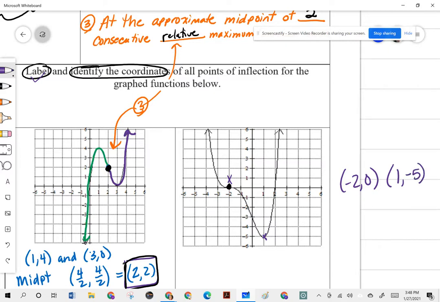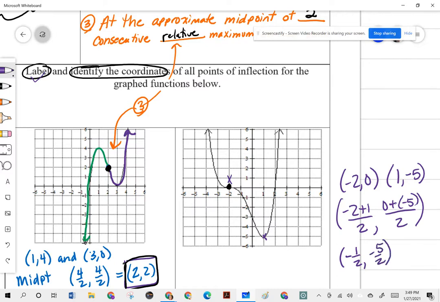Okay. And so we're going to go -2 plus 1 over 2, and then we're going to go 0 plus -5 over 2. And so we're going to get -1/2 and then -5 over 2.